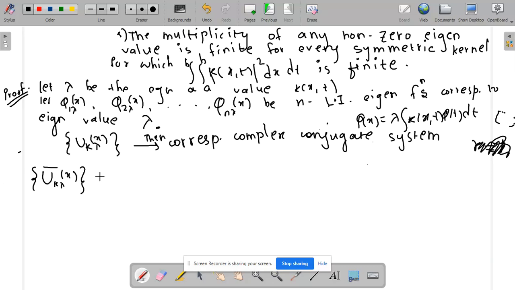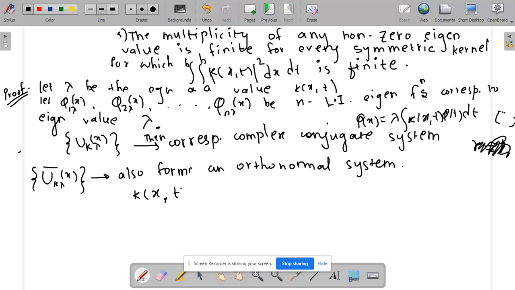So this also forms an orthonormal system. Now that I have this orthonormal set, I will write this kernel k(x,t) in terms of these orthonormal functions.